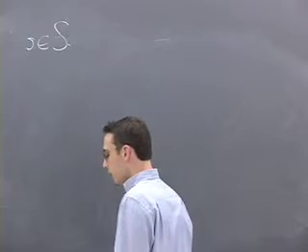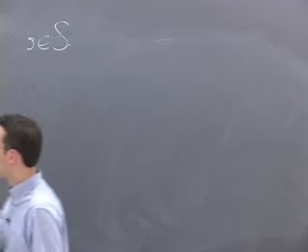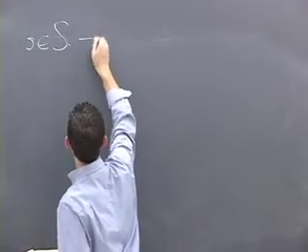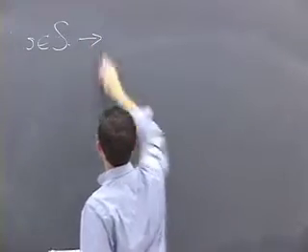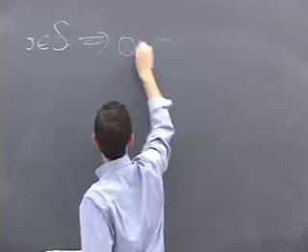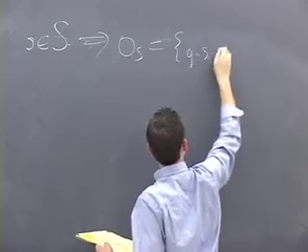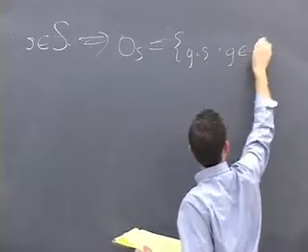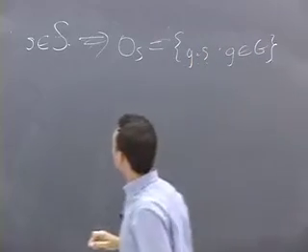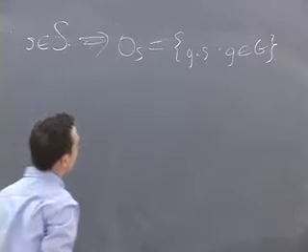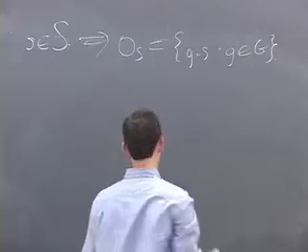So, given some element of the set being acted on, we associated a couple of very important sets to it. One of them being another subset of the set being acted on. So, given this little s in S, we have a couple of things. An orbit, which is just the set of all images, all translates of this little s under elements of the group.